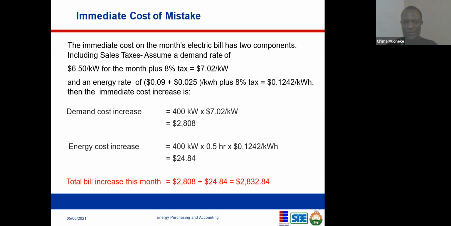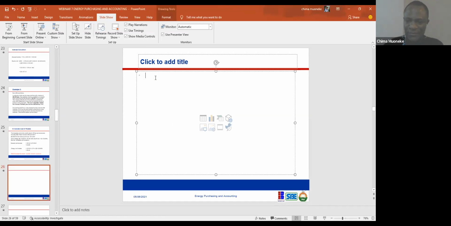Maybe I should just delete this, hold on. See, this is what I'm going to do. I'm going to add another slide and then solve it in the way that makes sense to you. Are we together? Yes. First of all, we want to calculate the energy charge.